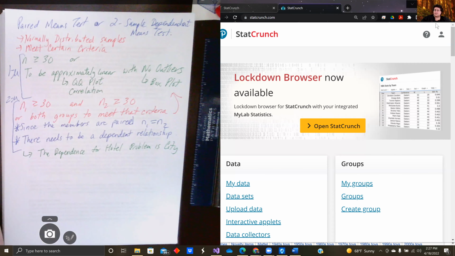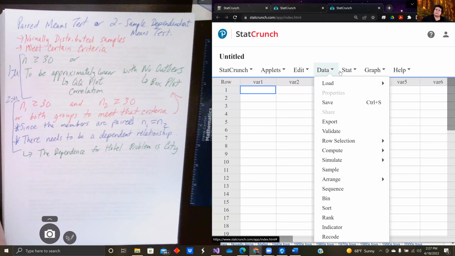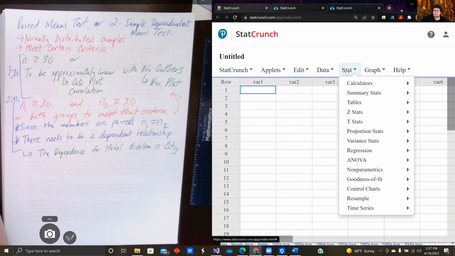Let's go over and take a peek at StatCrunch real quick and illustrate where we're going to go. So since we're doing means, we're going to go T-stats. And we're going to choose paired.